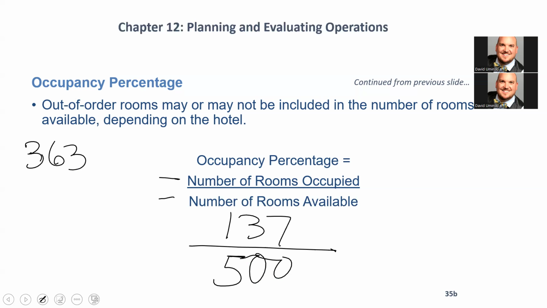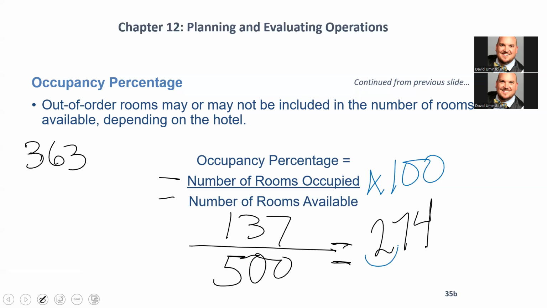So we do 137 divided by 500, and that's going to give me a decimal of .274. Now, because this is a percentage, I'm going to multiply by 100, which basically moves this decimal place over 2 spots.